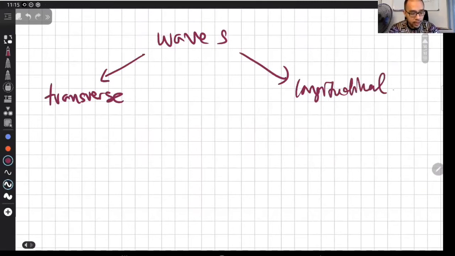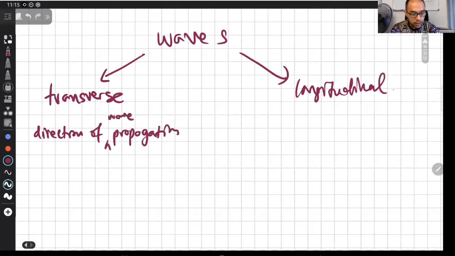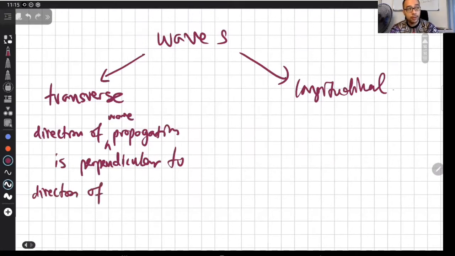For transverse waves, the direction of wave propagation is perpendicular to the direction of vibration of particles.